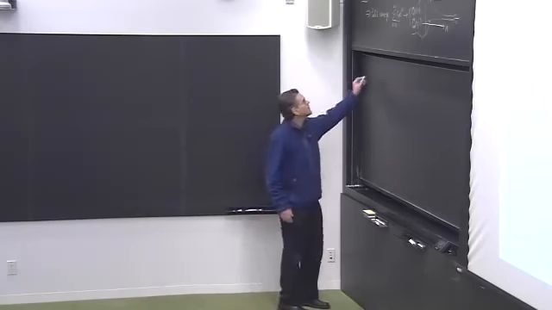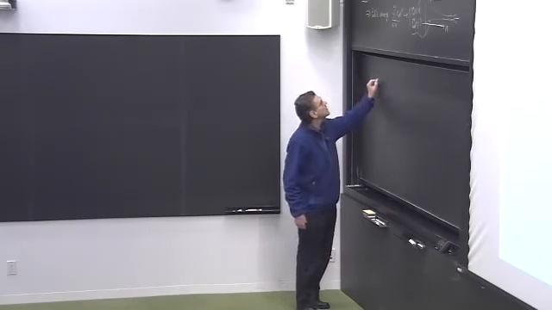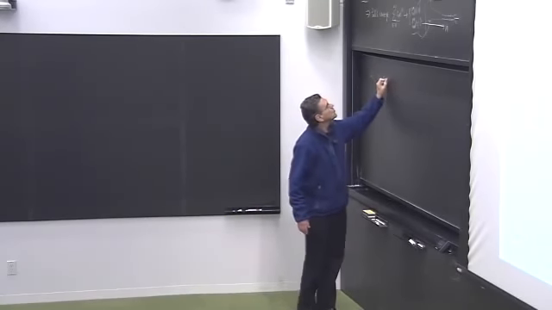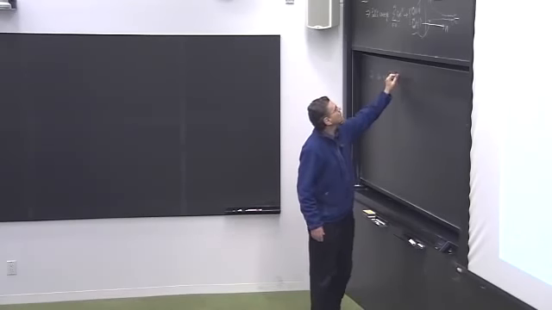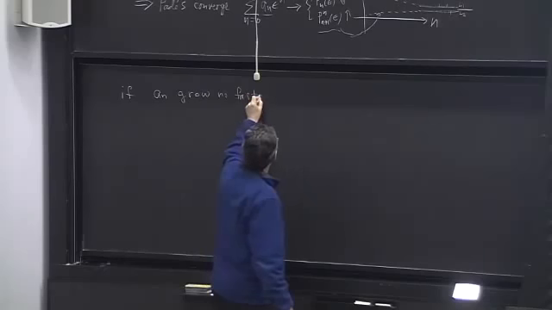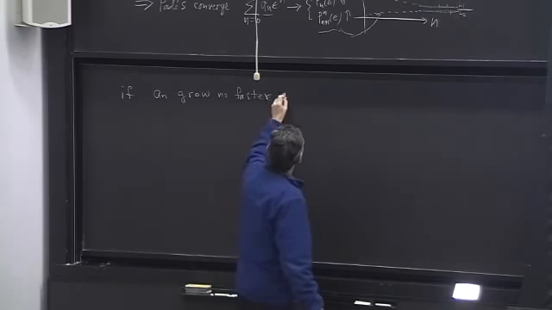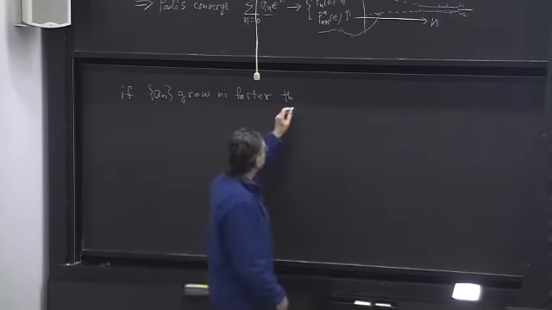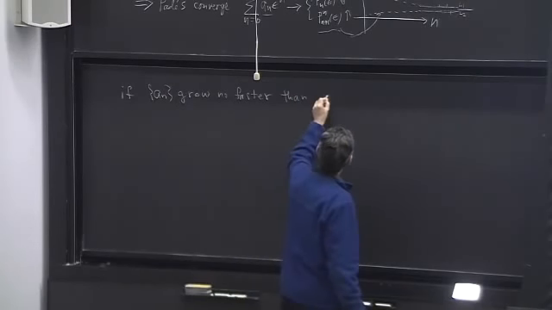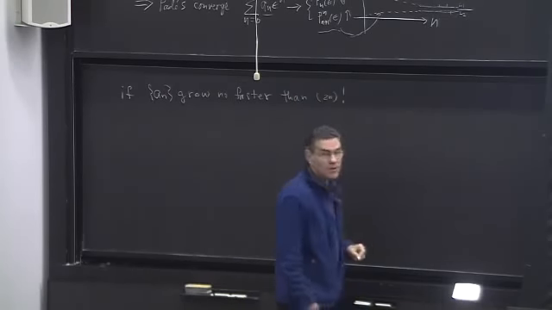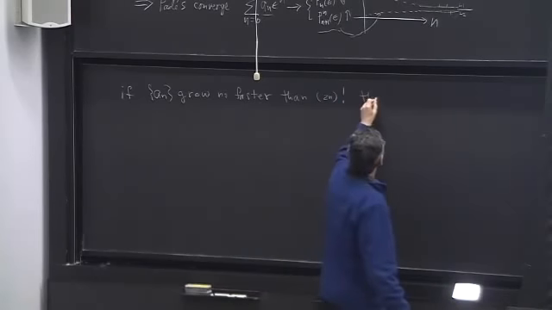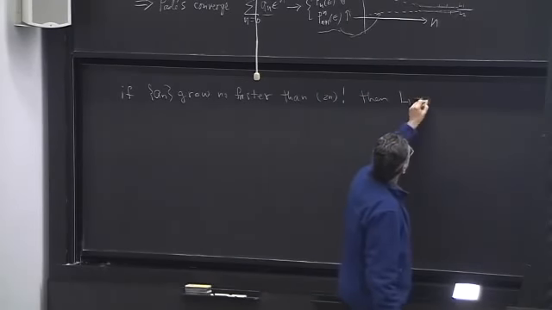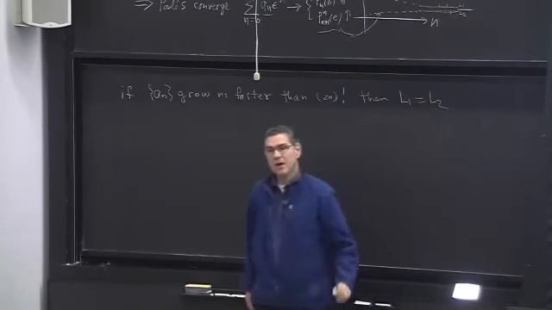So this has to do with the Carleman condition. And the Carleman condition says that if this bunch of numbers, a sub n, grow no faster than 2n factorial, then L1 is equal to L2 and everything is great.